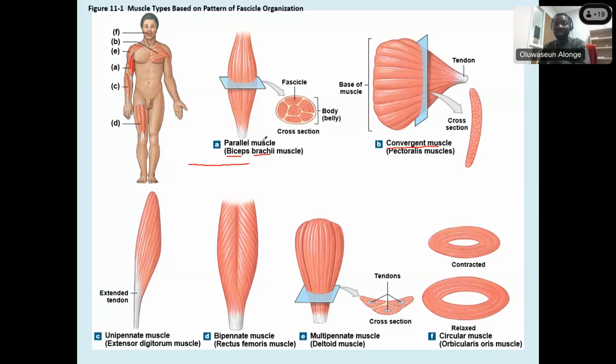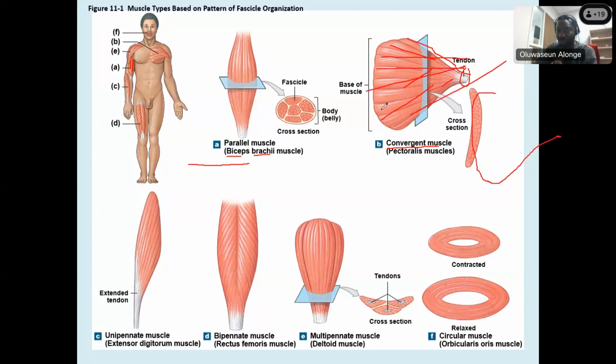So pectoralis major. Now, if you look at the muscle, you see that it has a wider beginning and then converges at a point. So this is called convergence, because it's converging from a wider region to a point.